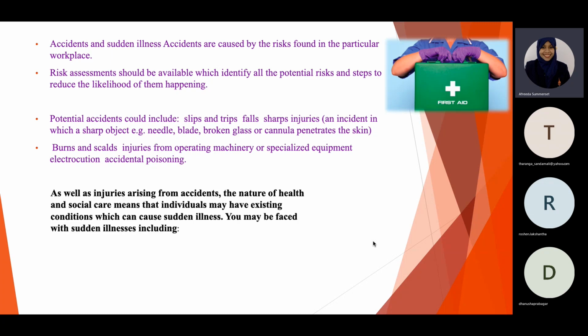Where injuries arise from accidents, the nature of health and social care means that individuals may have existing conditions which can cause sudden illness. Like I said, for example, I never knew I was allergic to bleach. I think I'm a little bit asthmatic, which is why I became allergic in that situation. Sometimes people don't know they are allergic to peanuts until they eat peanuts.